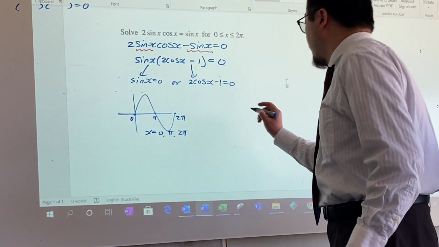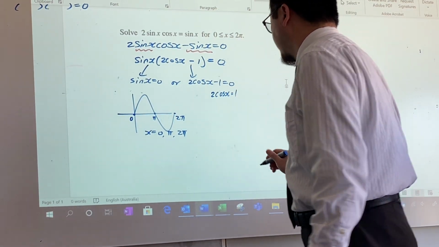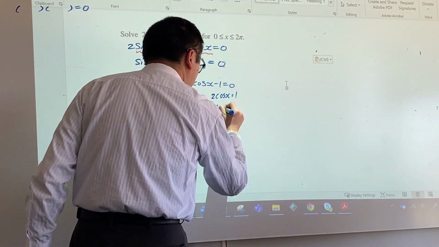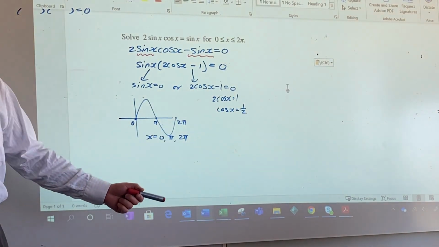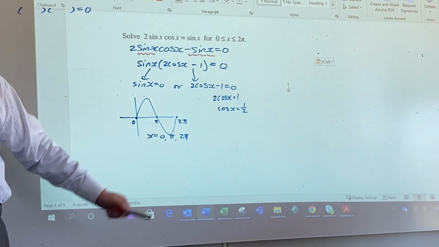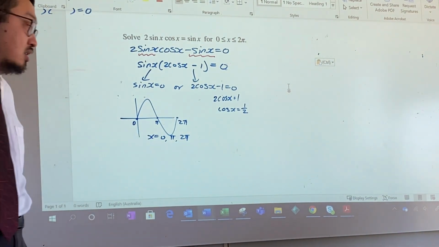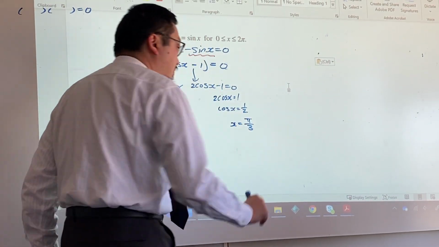Then we can see that 2 cos x equals 1, then cos x equals half. Then cos what equals half? Cos 60, cos 60 is half, yeah? 60 degrees is pi on 3.